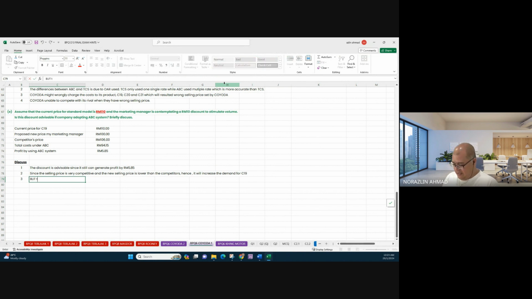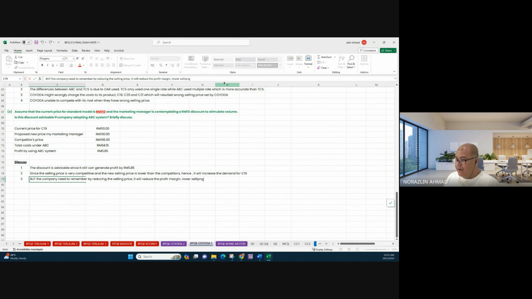But, okay, the company needs to remember that by reducing the selling price, it will reduce the profit margin.